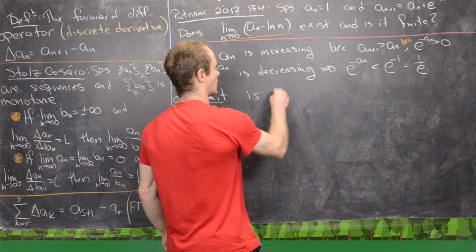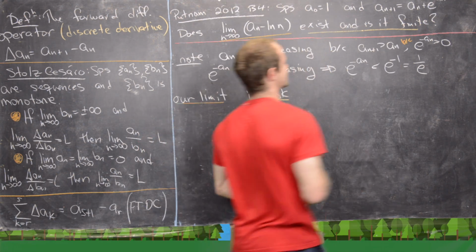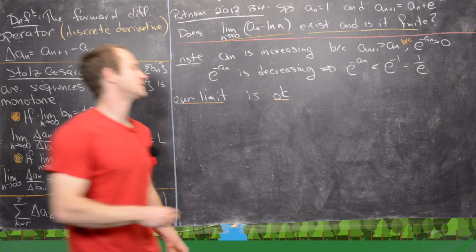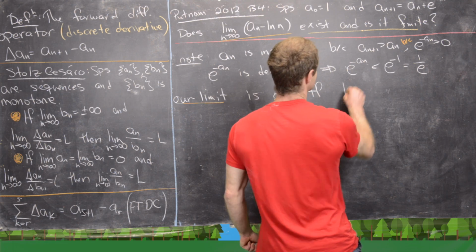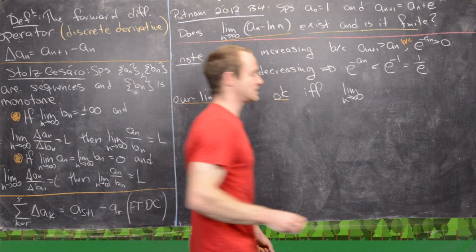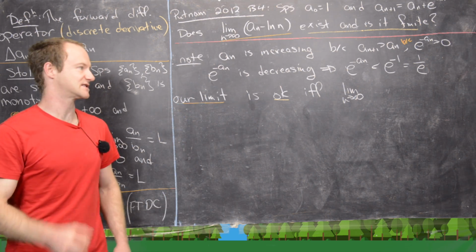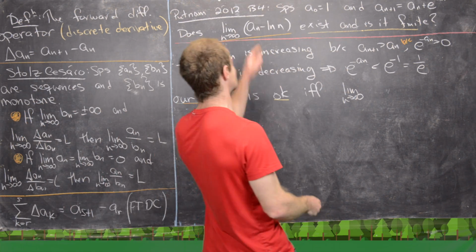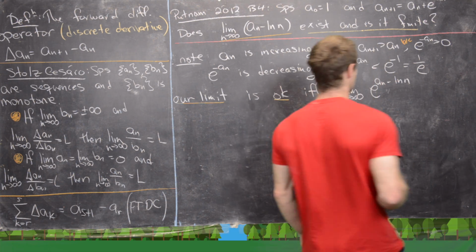So we'll say is okay, and then let's just point out that by okay we mean it exists and is finite. If and only if, when you exponentiate this limit, it also exists and is finite. And that's because, again, e to the x is a continuous function. And so let's exponentiate this. So that's e to the a_n minus natural log of n.